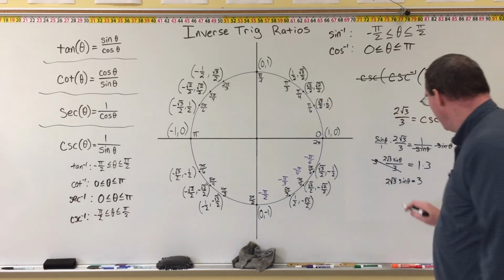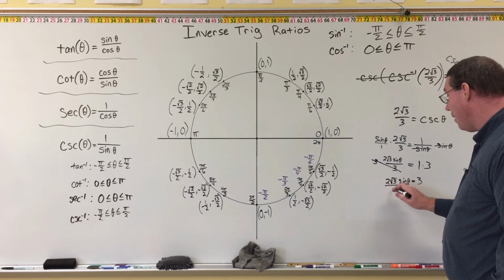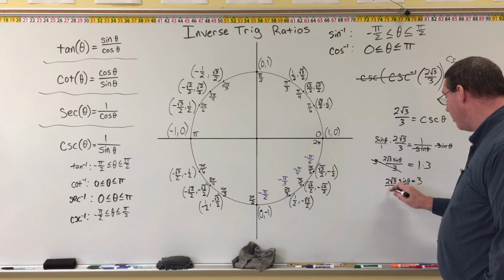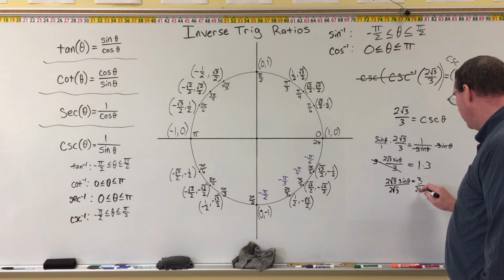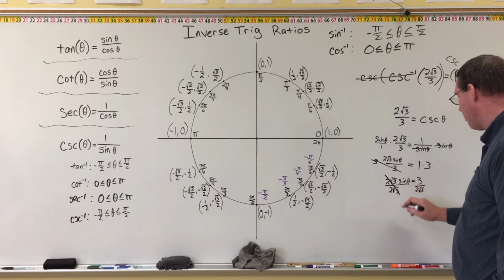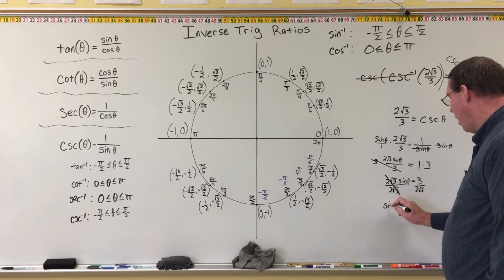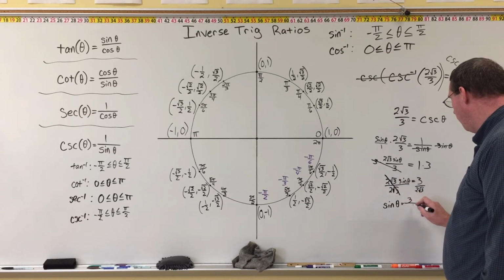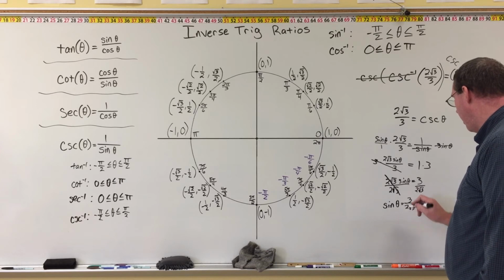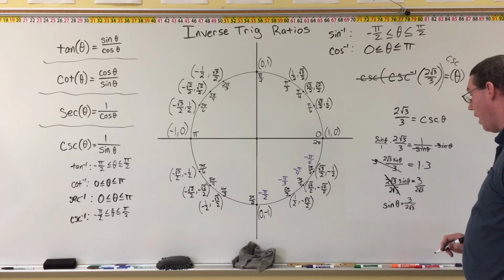And now we're going to divide. Now, I am doing this the long way, but I don't care, because I want you to understand that we're doing good algebra here. 2 square root of 3 on both sides. It's going to cancel here. And now sine of theta is equal to 3 over 2 square root of 3. Now the problem here is we need to rationalize the denominator, right?